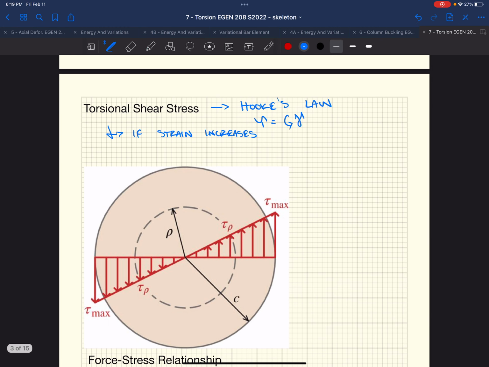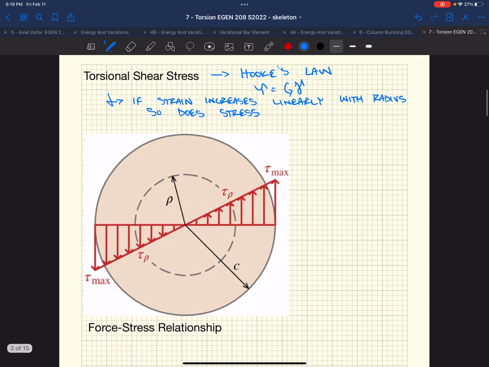So they change linearly. If strain increases linearly with radius, so does stress. Right?